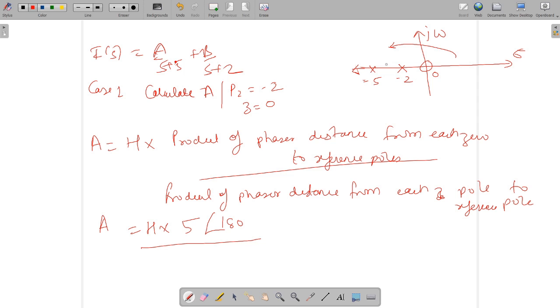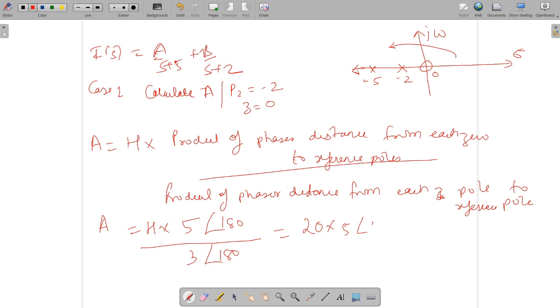Again you have to move in the anti-clockwise direction. So what is the distance? 2 minus 5, that is, -5 minus -2, that is 3. But you are moving in the anti-clockwise direction, so 180. Now what is the h? We have just seen that h is a constant term, so the constant will remain as it is.